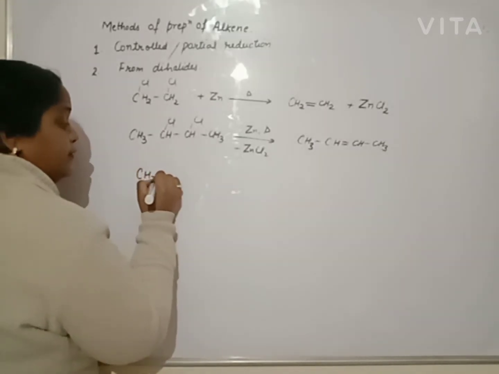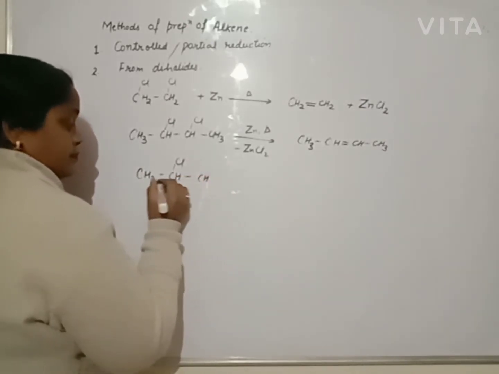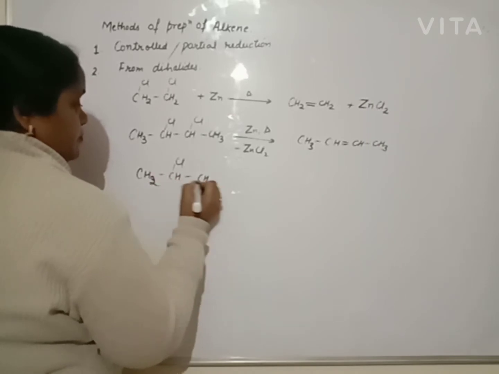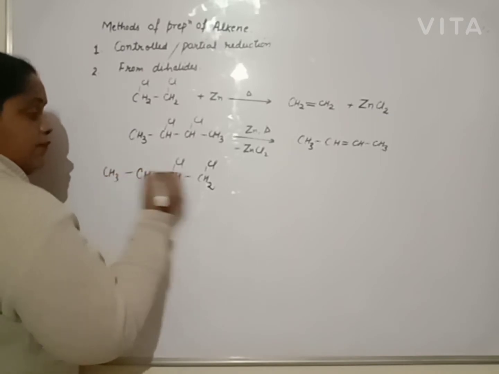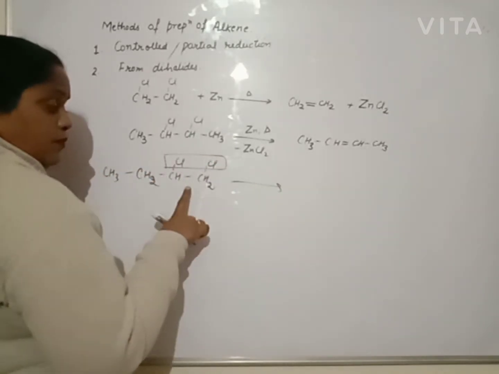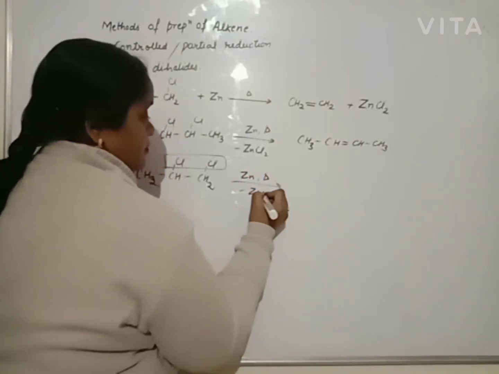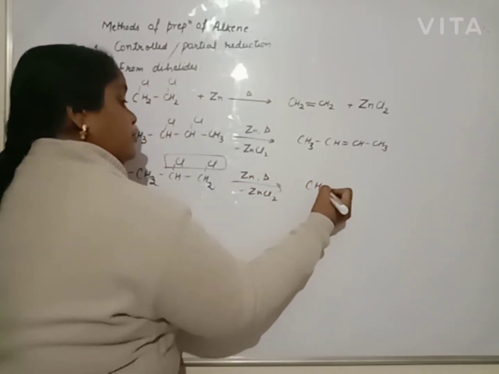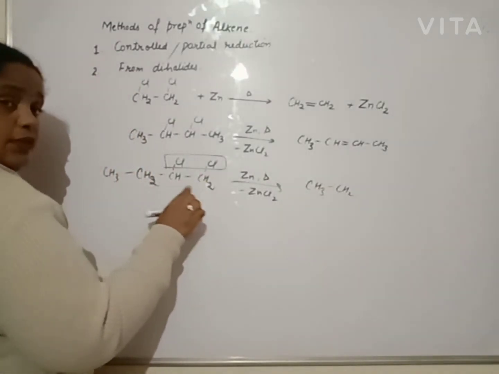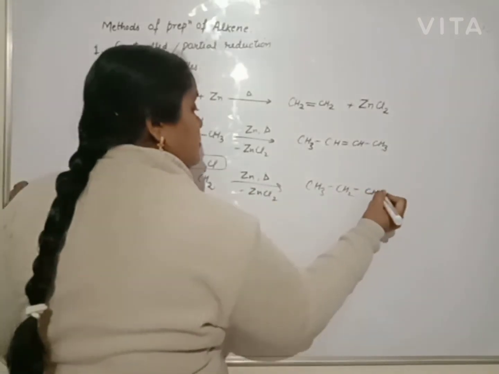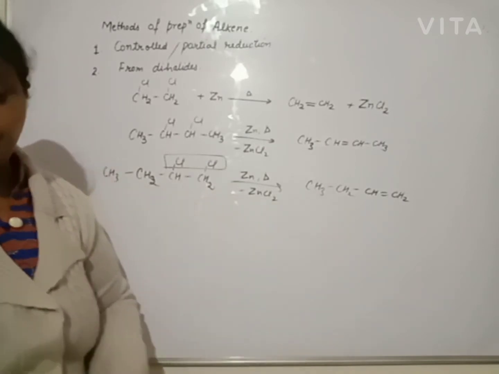If these are present on first and second, then what happens? Better, these two halogens will be removed, unsaturation at first and second carbon. Clear? We will get but-1-ene.